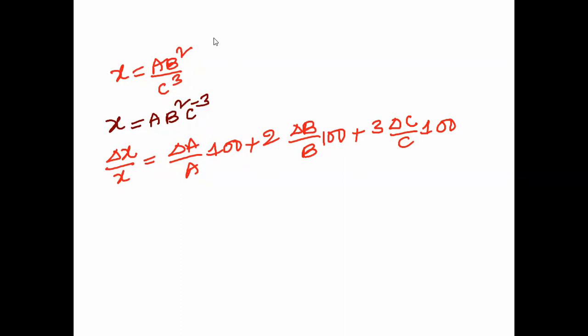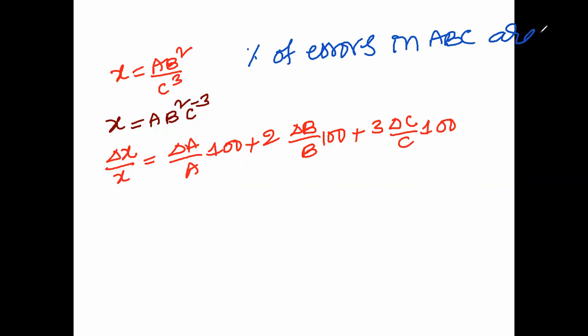For example, if they give the percentage of errors in A, B, C as 1%, 2%, and 3%.